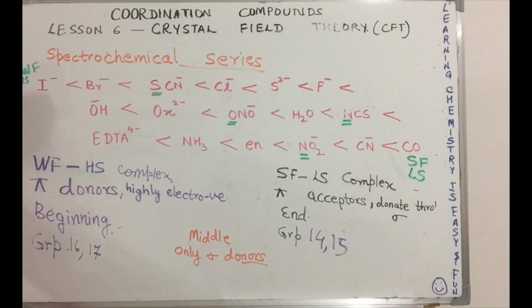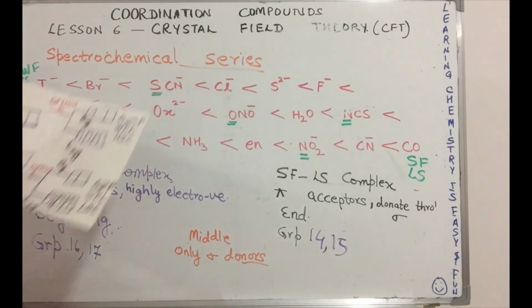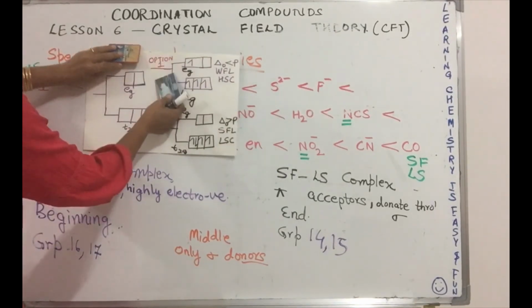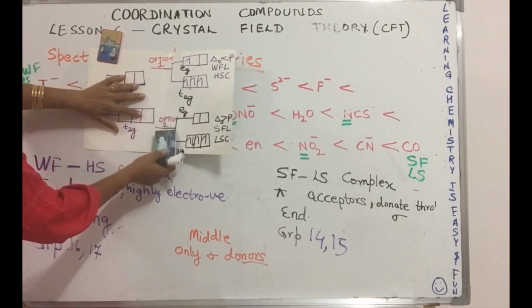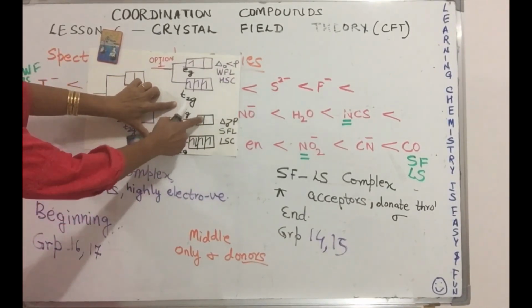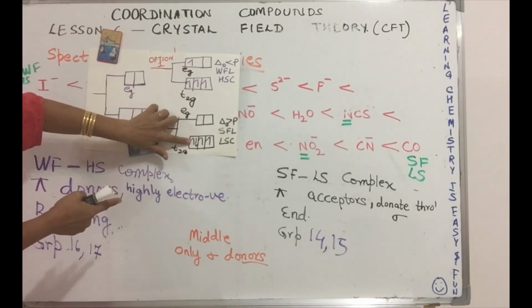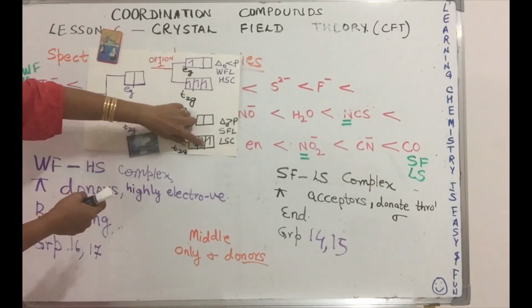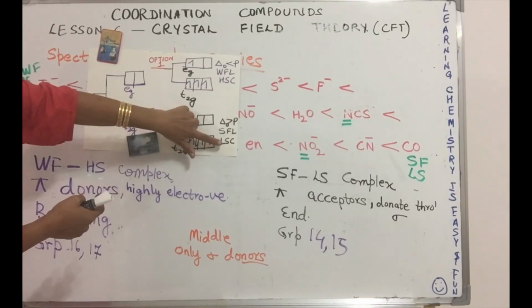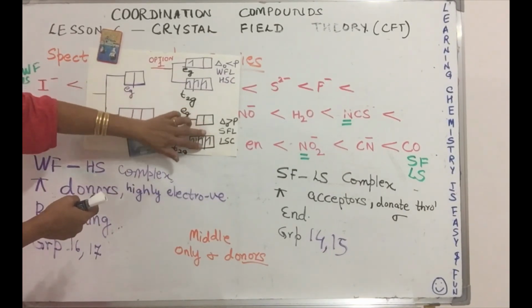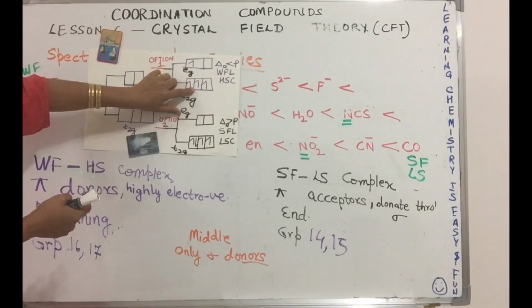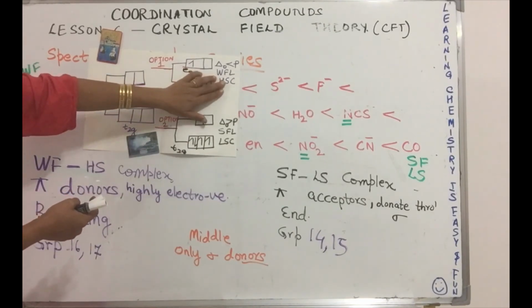Now, if the splitting is large, for example, in the case of strong field ligands, because the splitting is large, it is the pairing of electrons which takes place. Because the electrons pair up over here, the number of unpaired electrons in a low spin complex will be less compared to the number of unpaired electrons in a high spin complex.